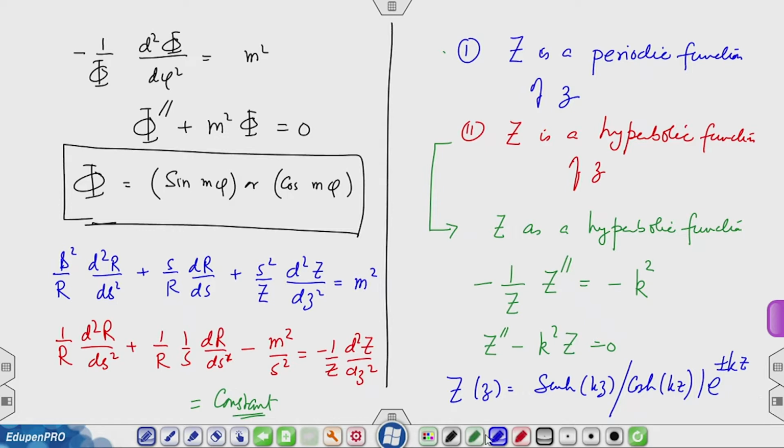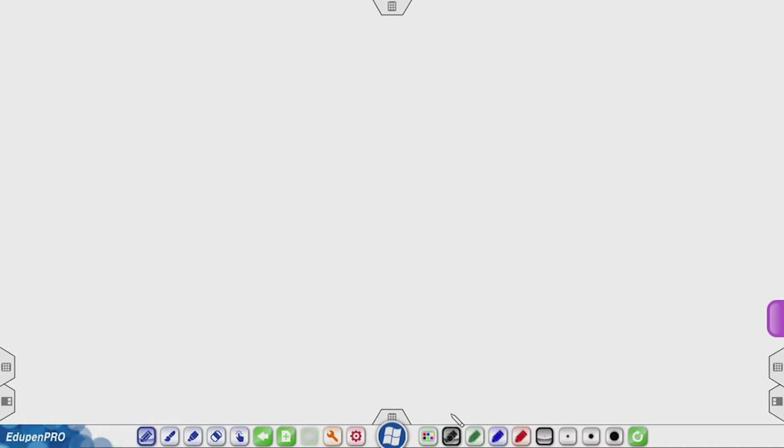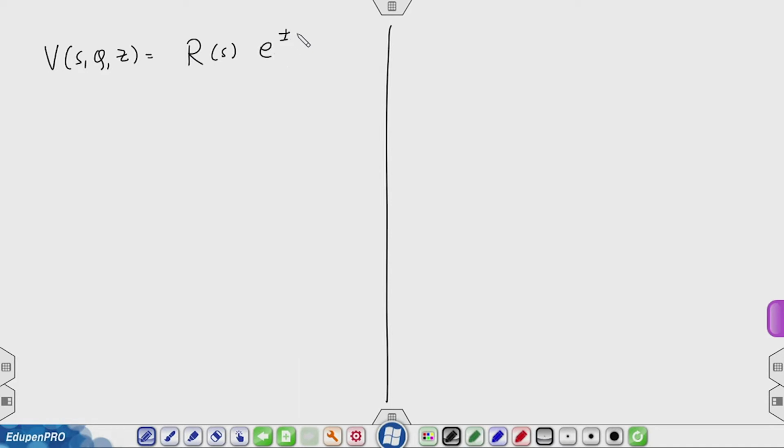And therefore, the solution now becomes V(s, phi, z) equals some R of s, then I have e raised to plus minus kz, and then I have sine m phi or cosine m phi, this product.